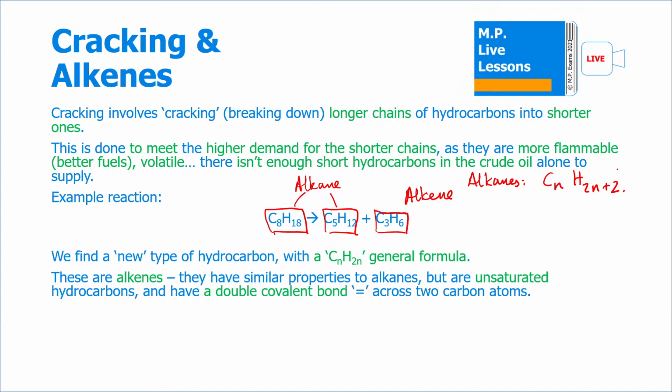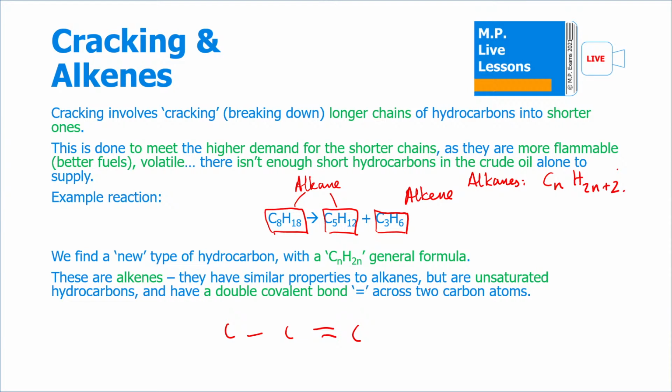These have properties similar to an alkane, but are unsaturated hydrocarbons, and they have a double covalent bond across 2 carbon atoms. For example, in this case, we'll have 3 carbon atoms like this, but there will be a double bond across one of them. It doesn't matter where you put the double bond when you're drawing out the displayed formula.